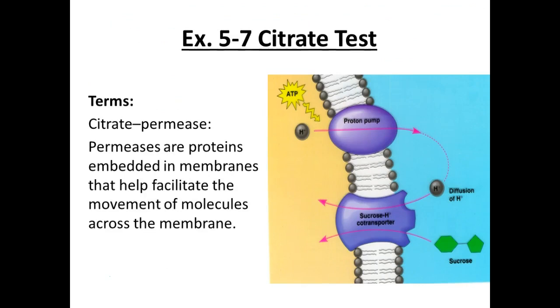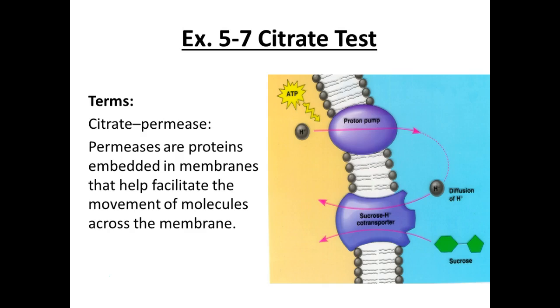Moving on to citrate. The citrate test is testing for the presence of a protein embedded in the membrane called citrate permease. Permeases are membrane-bound proteins, and they help facilitate the movement of molecules across the membrane.